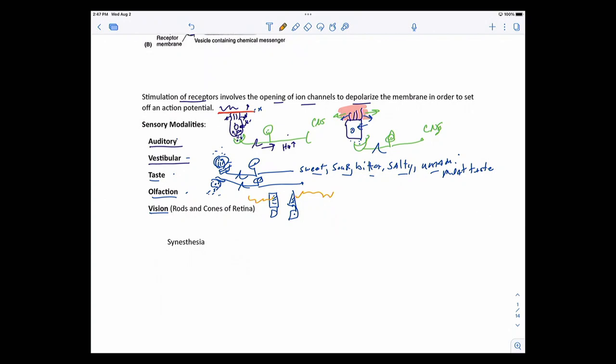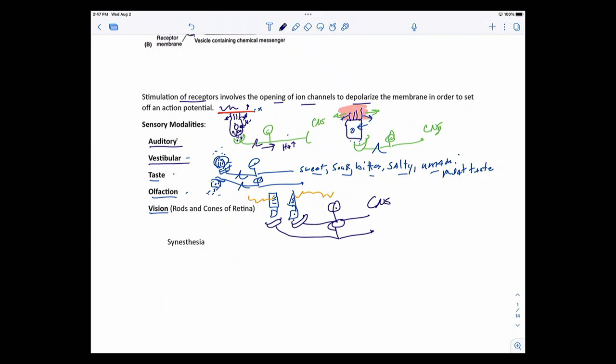When the photons are binding to the rods and cones, that's going to alter the neurotransmitter release for these rods and cones. So here we've got cells just waiting to receive those signals, and then it's going to go to the CNS.